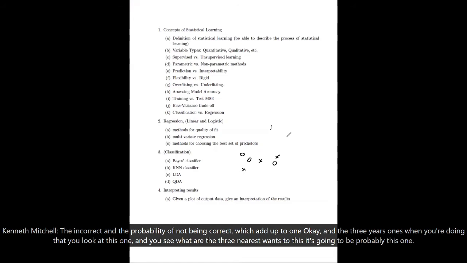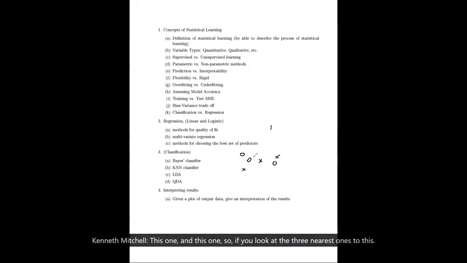up to 1. Okay? And the 3 nearest ones, when you're doing that, you look at this one and you see what are the 3 nearest ones to this. It's going to be probably this one, and this one. So if you look at the 3 nearest ones to this, basically this is going to be false, right? So this is not going to be correct.